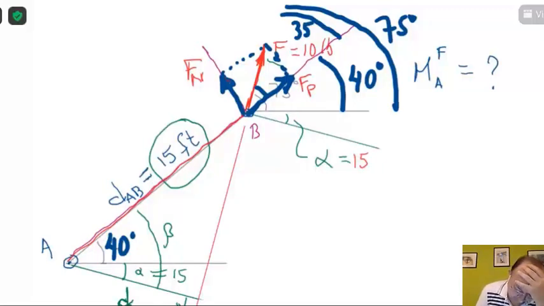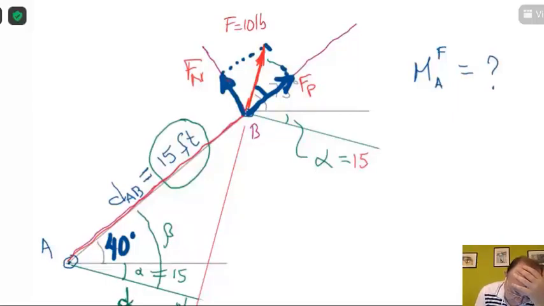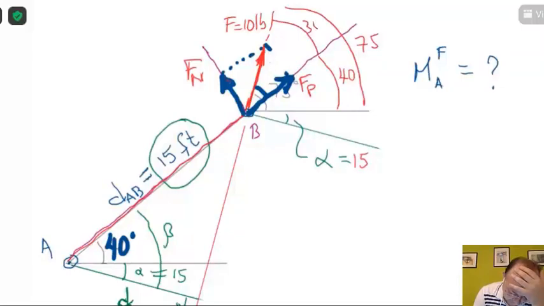Let's see what angle I'm talking about. So I'm going to do it a little cleaner here. Let's remove the force from here. So here the force of 10 pounds, and now we have this angle 75, this one 40, this one 35.